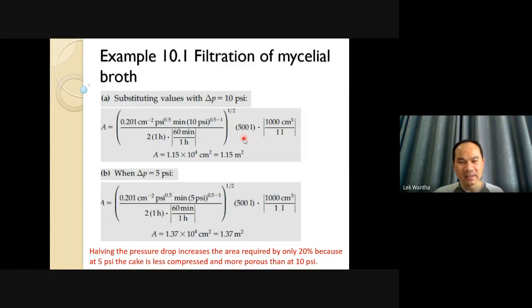Because for 10 PSI you need 1.15 square meter, and for 5 PSI you need 1.37 square meter. This is for example when you do the experiment, and then we would like to scale up, because mostly in industry we use a large scale, but you have to know about the large scale first for design. Okay, this is an example.